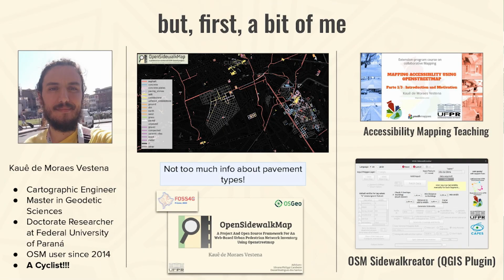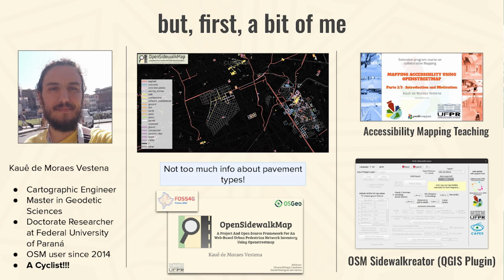First, a little bit about me. I'm a cartographic engineer, a master in geodetic science. Now I'm doing a doctorate, a PhD at my university. I'm an OpenStreetMap user since 2014 and also a cyclist, so that's the reason I got interested in accessibility, and most of my research is around that.